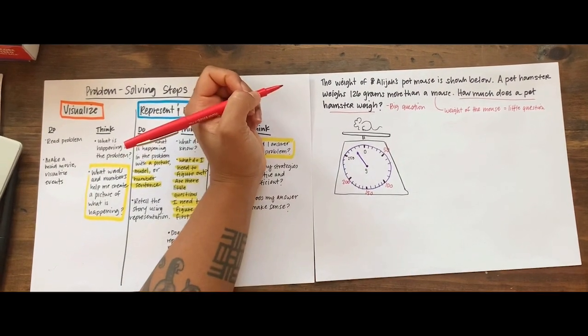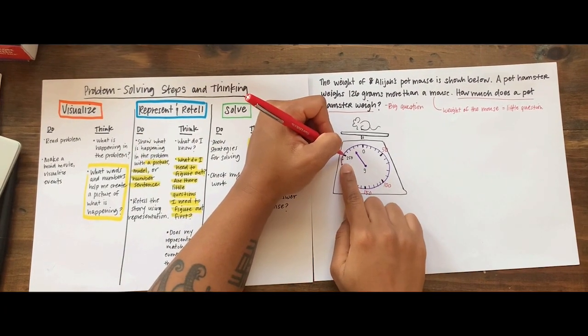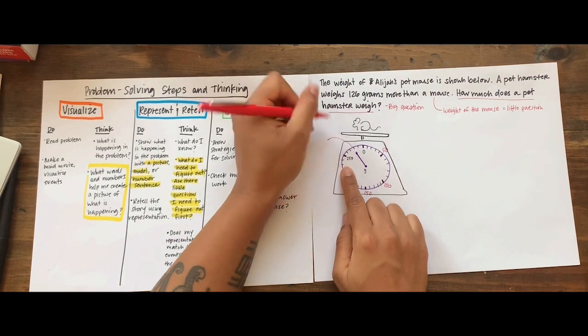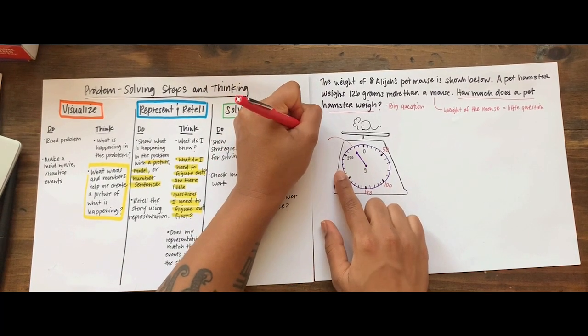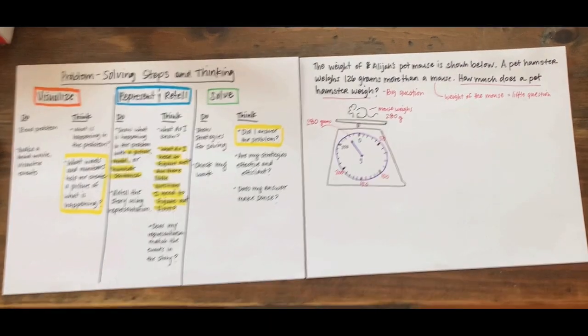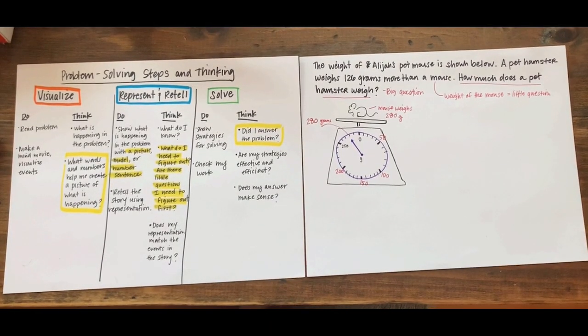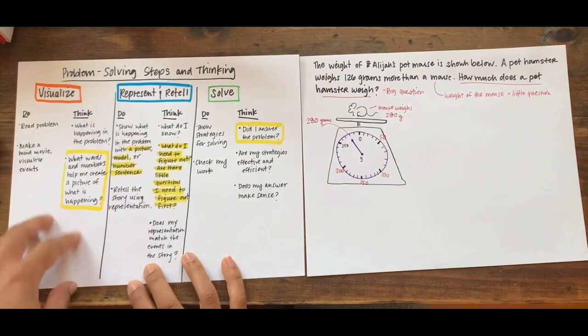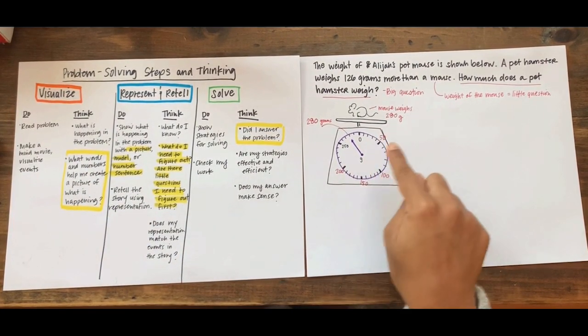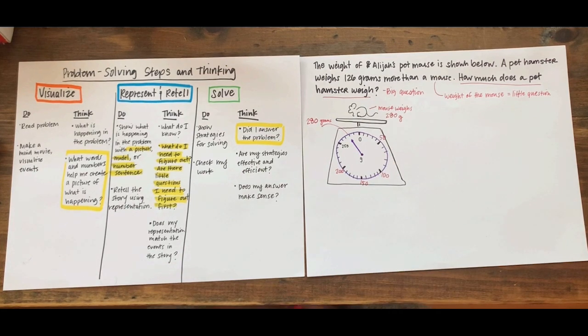Let's count on from 250 up by tens. 260, 270, 280. So we can say this mouse weighs 280 grams. Nice work, team. Thanks for working together to help us visualize what's happening in the story by marking up and annotating our scale or our picture.